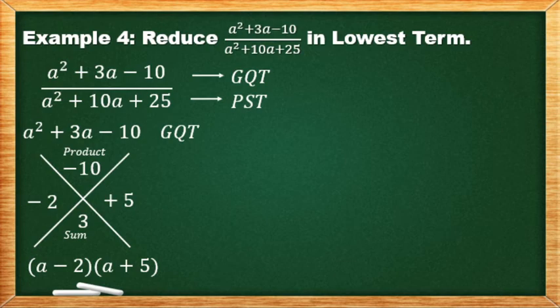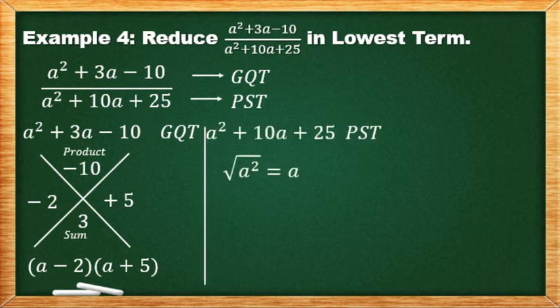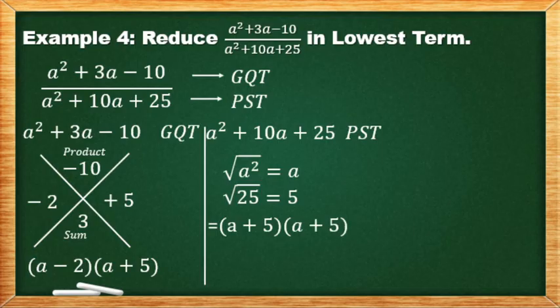Yung isa naman, PST. Apply natin PST. Square root of a squared is a, then square root of 25 is 5. So, since the sign of the middle term is positive, magiging a plus 5 times a plus 5, or open and close parenthesis of a plus 5 times open and close parenthesis of a plus 5.